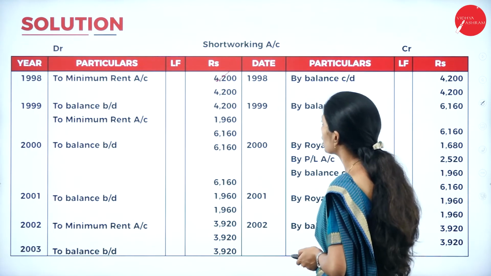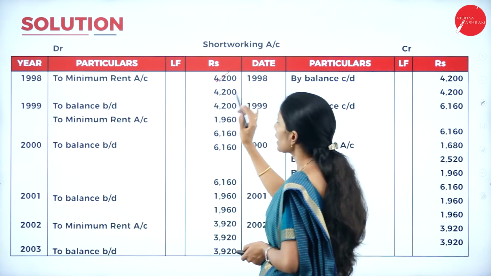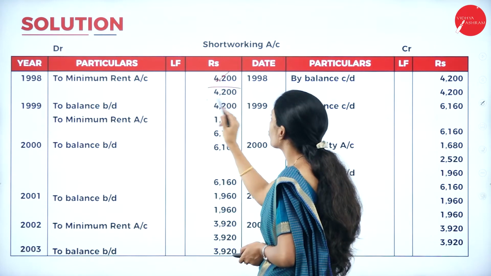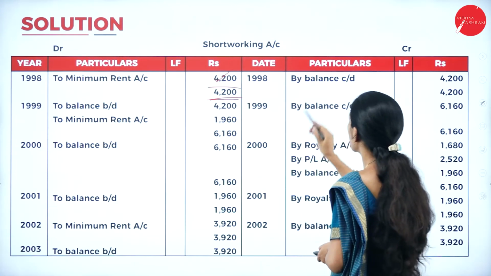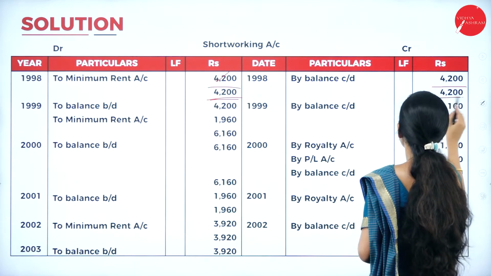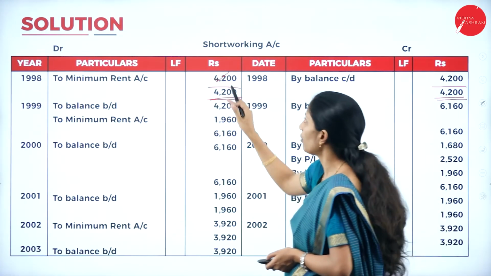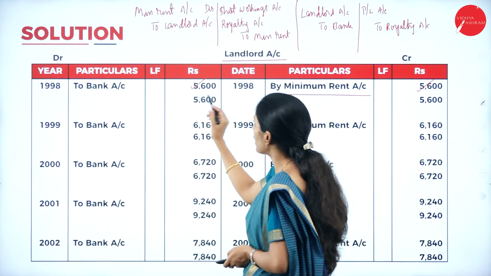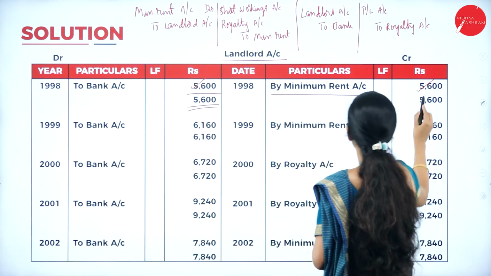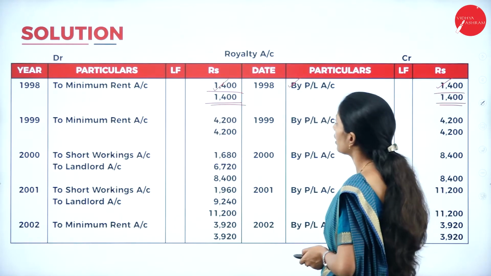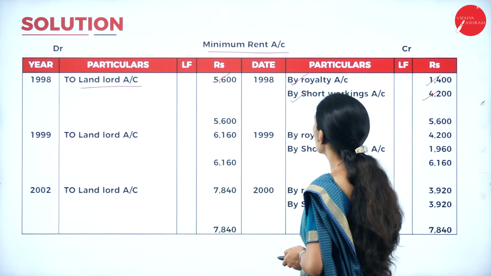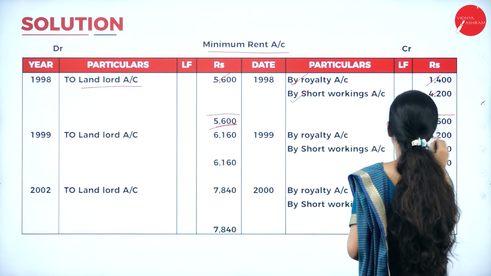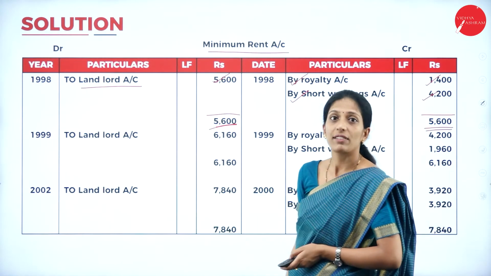Okay, so we are done with royalty. Next, in short workings account you are going to carry it down, 4,200, whereas on the credit side, by balance carried down 4,200, because you have only one entry. Now coming to the landlord account, we are done with both sides 5,600 and 5,600. So next, minimum rent account also we are done with 5,600 and 5,600. Hope you are clear with the first year.